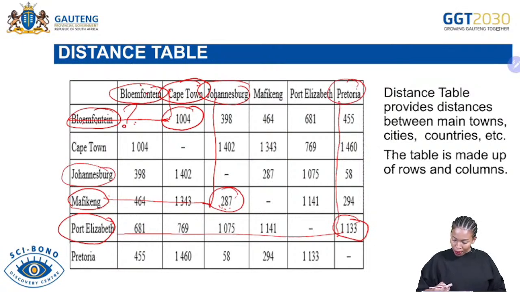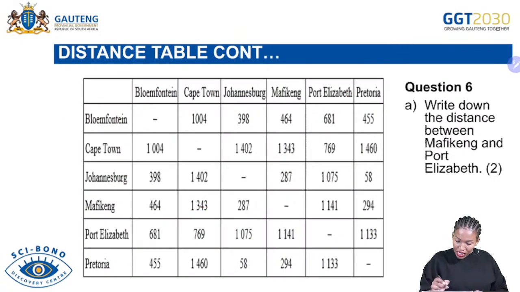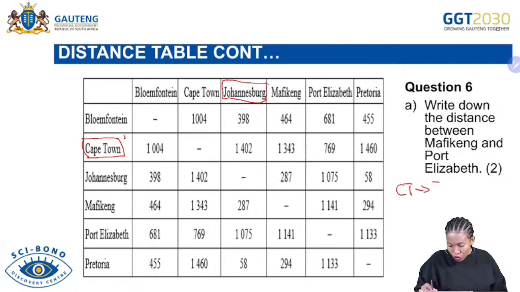The question, guys, can say, what is the distance from Cape Town to Johannesburg via Bloemfontein? Let me get a clean map. I said the distance from where? From Cape Town to where? To Johannesburg. Where is Johannesburg? But you must go via Bloemfontein. So I'm saying Cape Town to Johannesburg via Bloemfontein.